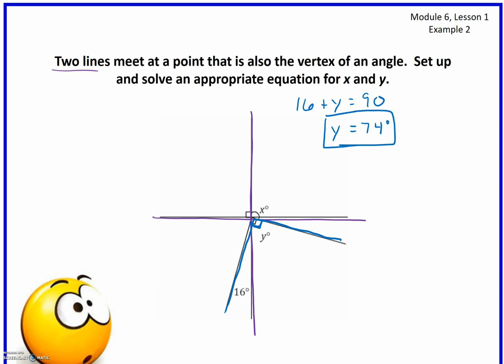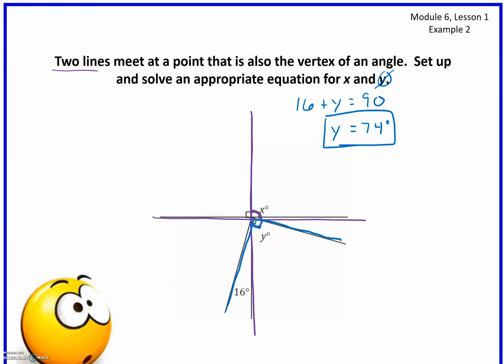We have solved for part of this problem. We have taken care of finding y. Now that we know y, we can solve for x. Actually, we're not even going to use y. We know that, yeah, we are. We know that angle x and angle y add up to this straight line of 180 degrees. It's kind of hard to see, but this x is referring to everything from purple to blue.